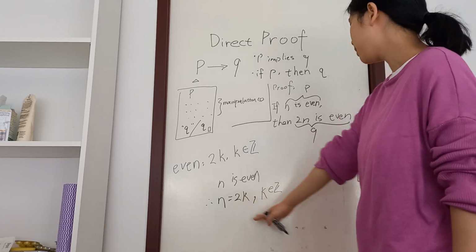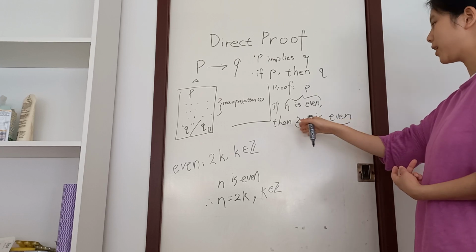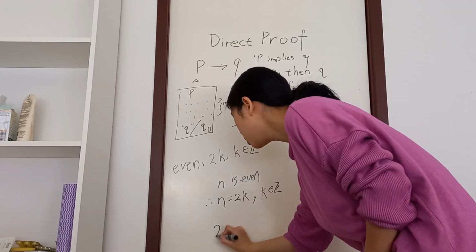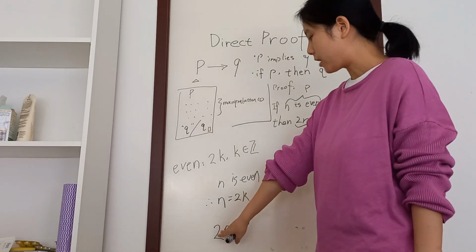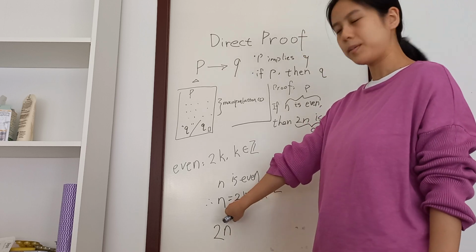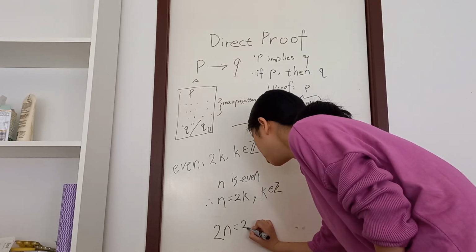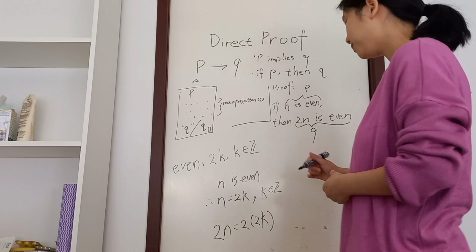But now, if we go back to the statement we are trying to prove, we need to get to 2n. Now let's get to the 2n part. 2n. Now what? Now that you have n, which you read as 2k, you can substitute this 2k for the n here. That gives us 2 times 2k.